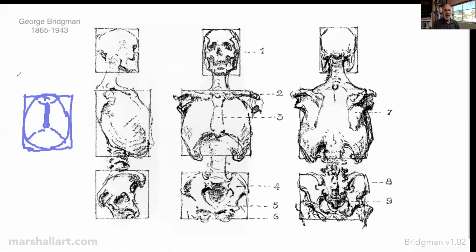Well, what do we know about a pelvis? A pelvis on a man is as wide as a rib cage. On a woman, a little wider. How high is a pelvis? It's less high than a rib cage.